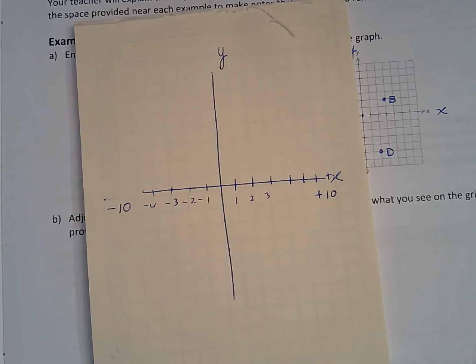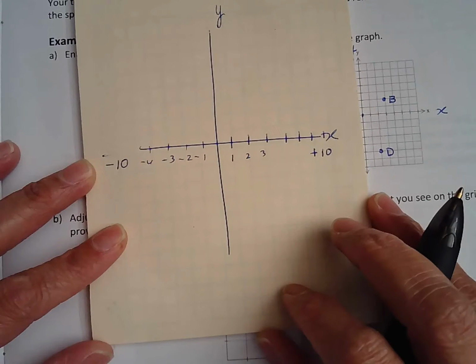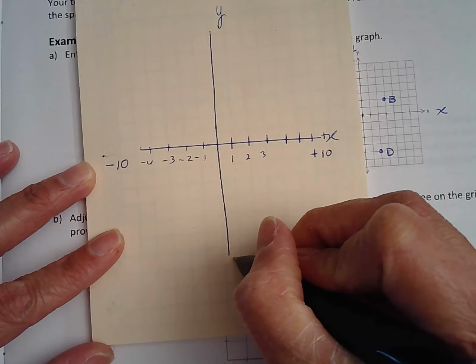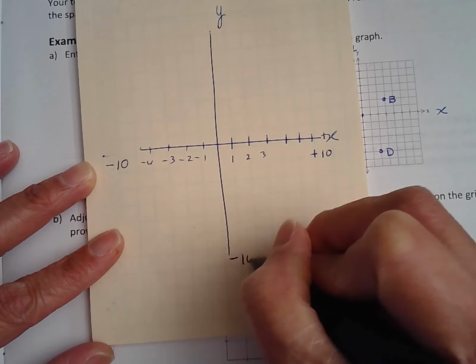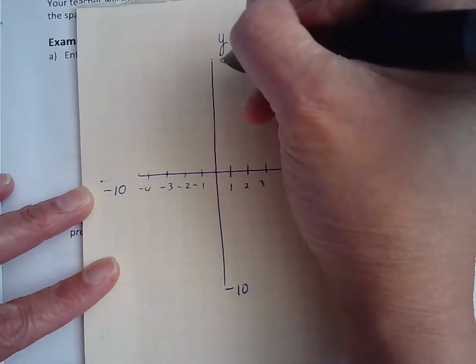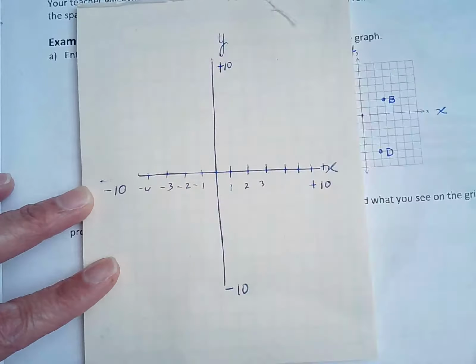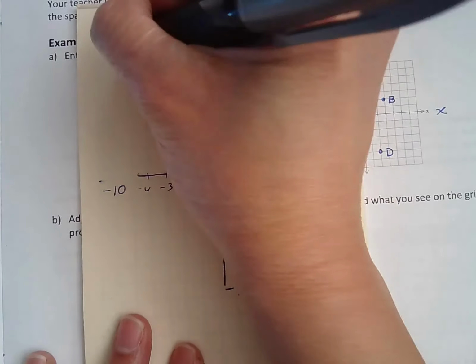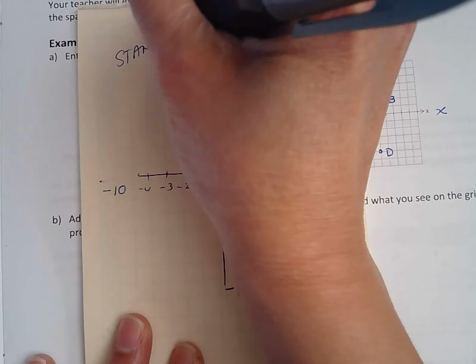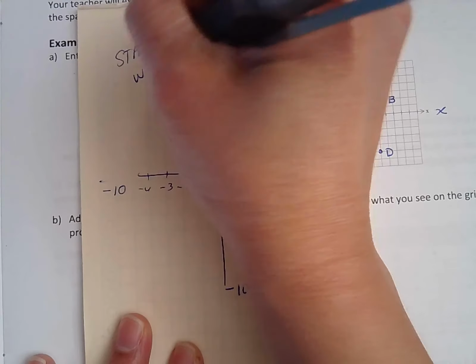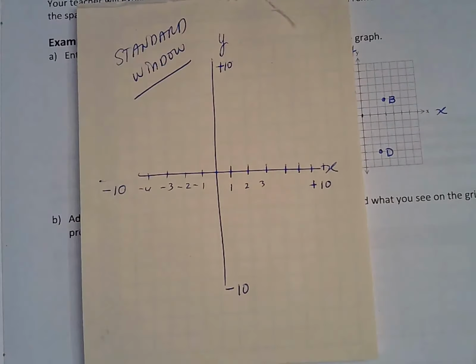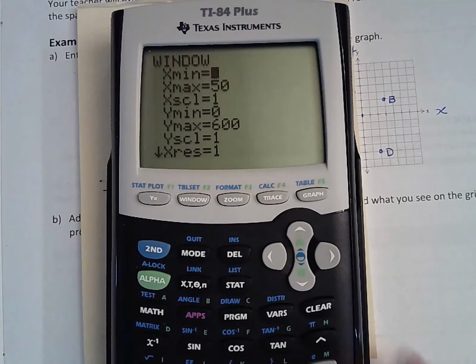The other thing in the standard window is that the y-axis is also from -10 to +10. That means the lowest y is -10 and the maximum y is +10. So this is what the standard window looks like.